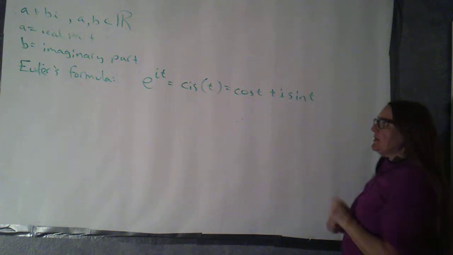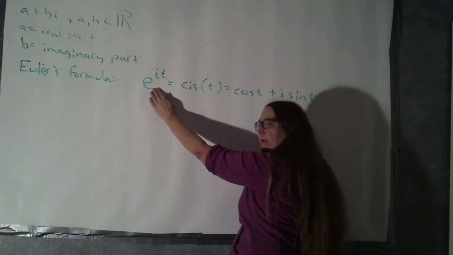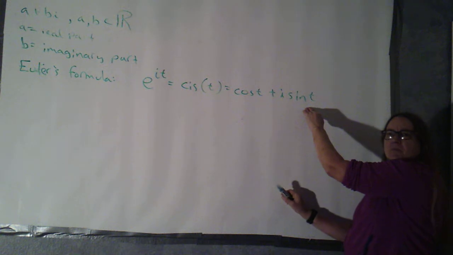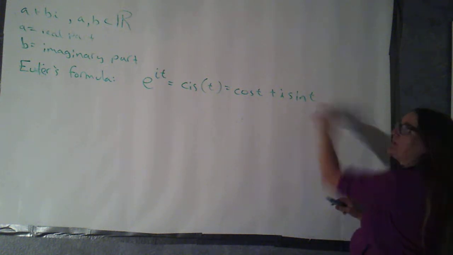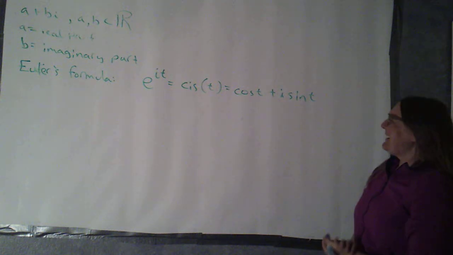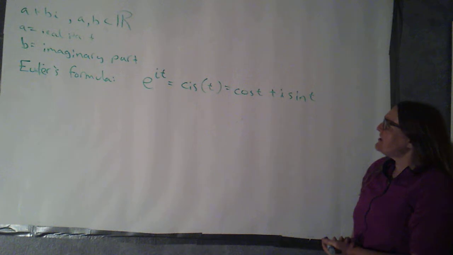So this formula here gives me a connection between exponential functions, which we've seen are incredibly important in differential equations, and sine and cosine functions, which it's going to turn out are also incredibly important in differential equations. And you might sort of look at that and say, why? And who gets to decide that?